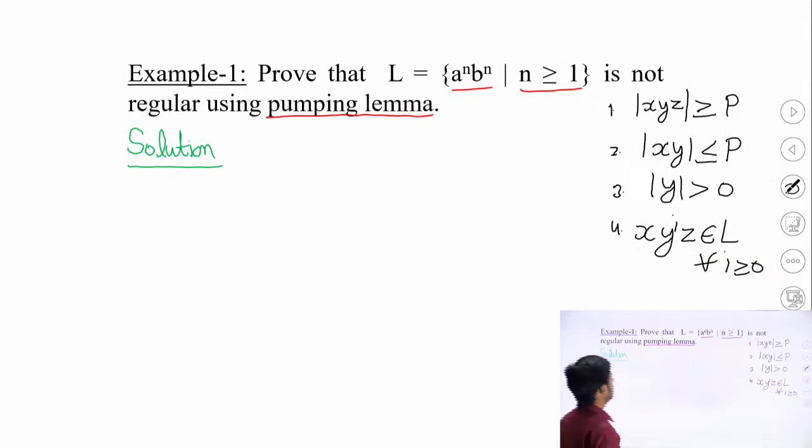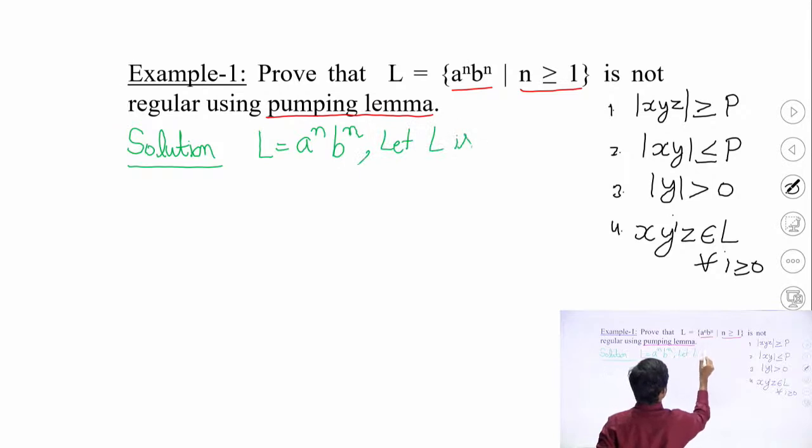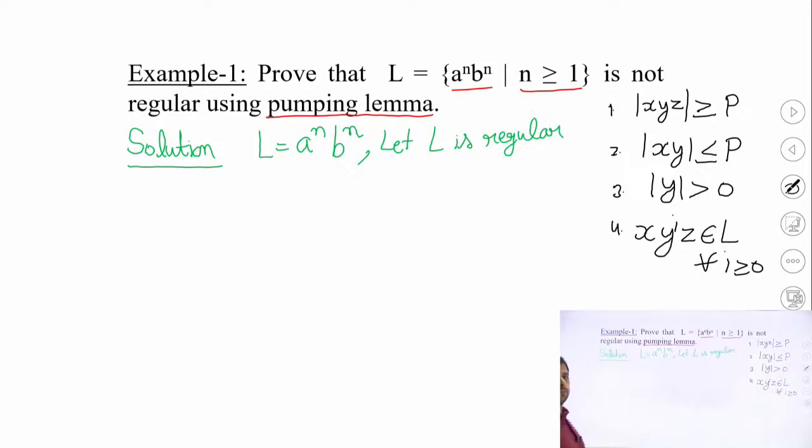So let's solve it. Suppose that my language is a raised to power n, b raised to power n. Suppose that L is regular. Take any p value.